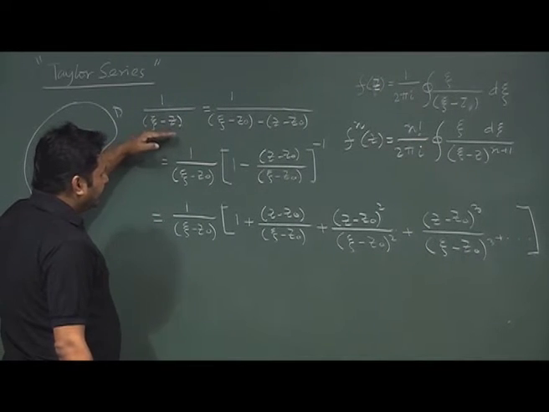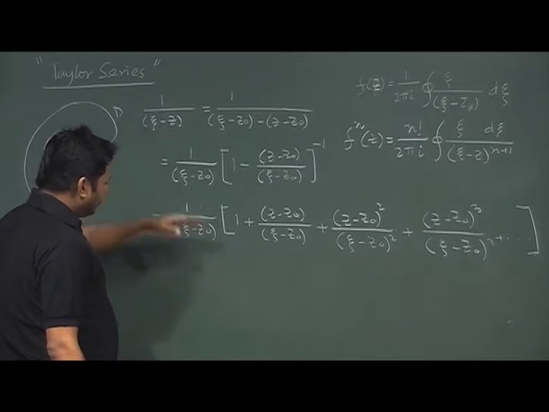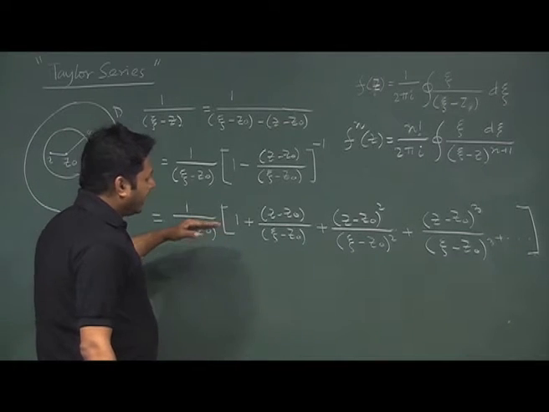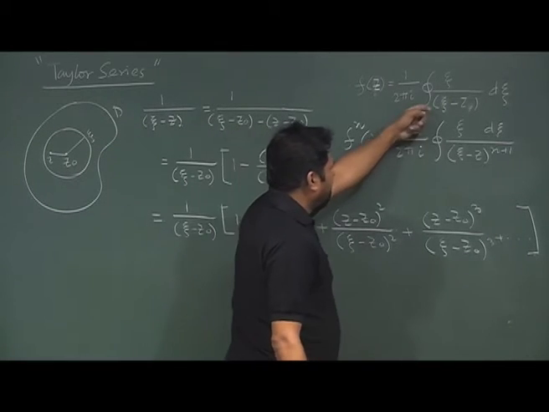Now 1 by (xi minus z) is expanded in this way, and I can put this here.